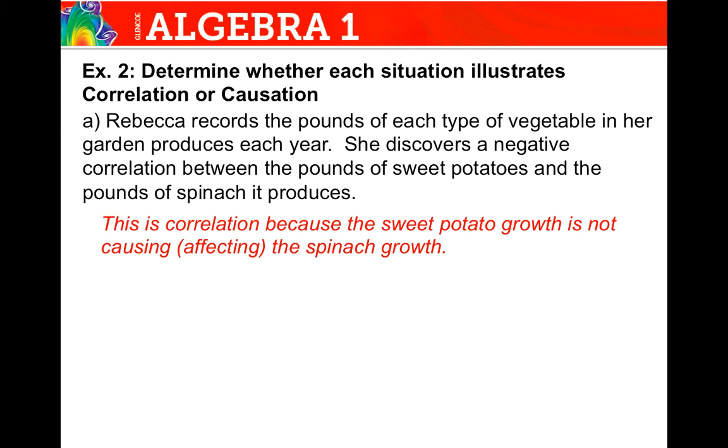This is correlation because the sweet potato growth is not causing or affecting the spinach growth. If we look at the relationship of sweet potatoes to spinach and we make a scatter plot, it's going to be correlation. We can see a negative trend, but one is not affecting the other directly. My sweet potatoes can't determine how much spinach I'm going to get out of my garden.